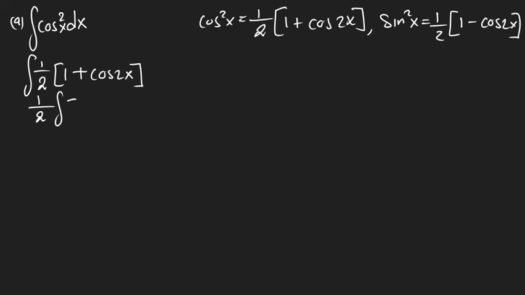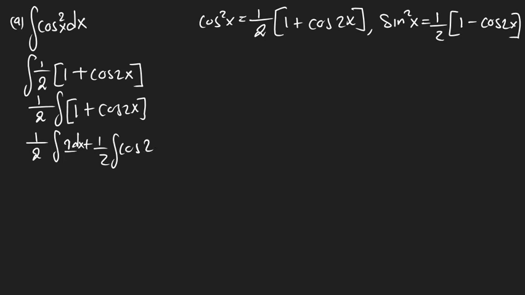Then of course you know what to do, just make sure that you separate them so that you can have the integral of 1 dx plus 1 over 2 integral of cosine 2x dx. And of course, you're going to have 1 over 2. What is the integral of 1? It is x. This part you use your U-substitution, of which we already know.